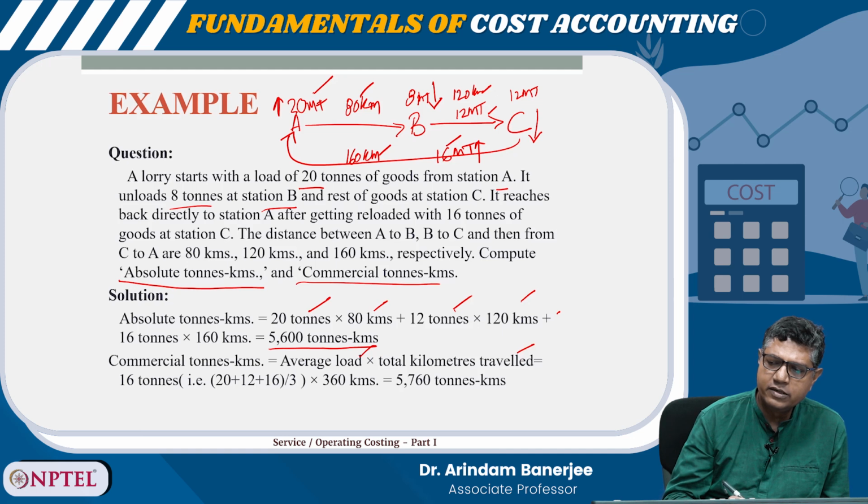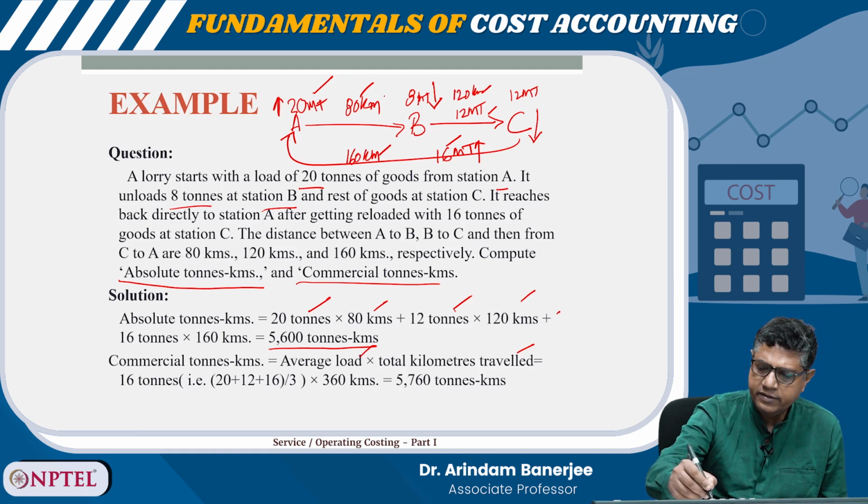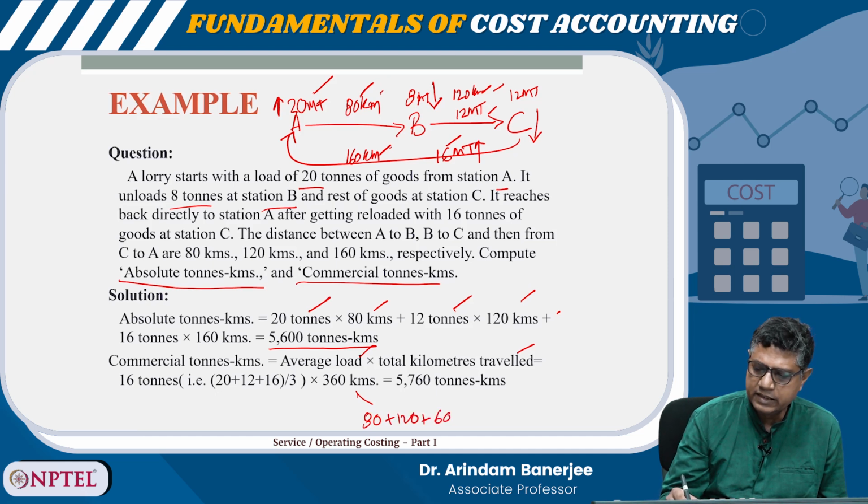How much is the total kilometers travelled? 80 plus 120 plus 160, so it is coming to 360, right.